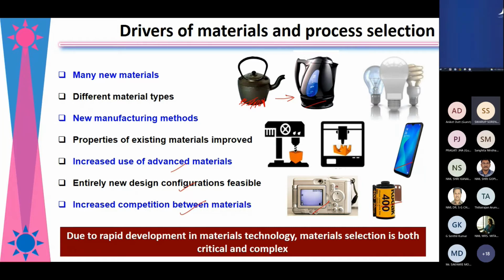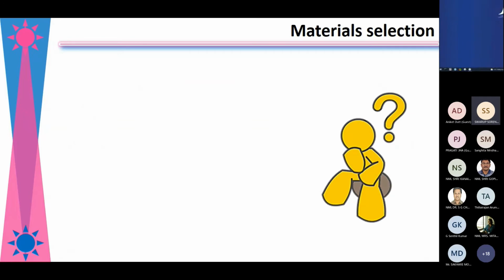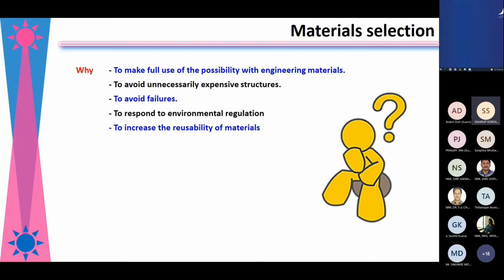But how to do that and why to do that? Material selection is the big question before the people. And here you can see why to select a material. First of all, to make full use of the possibilities of engineering materials. Second is to avoid unnecessarily extensive structures.